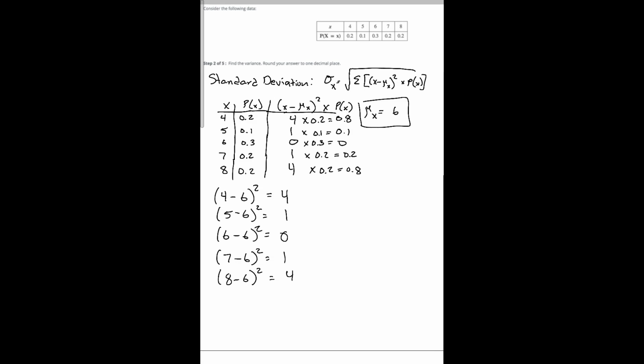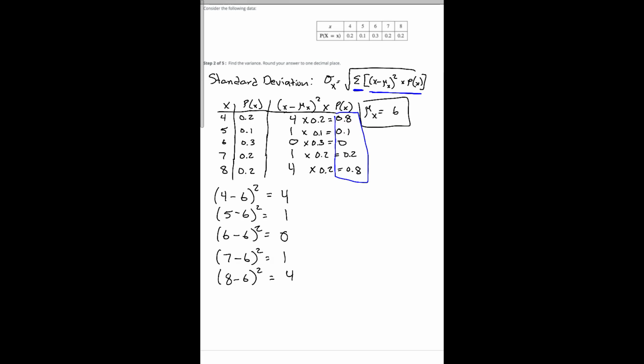All right. Now, going by our standard deviation formula, the symbol right here, that little sigma, means that we add up everything that we just did right in here. Okay? We add them up. In other words, we're going to add everything that we have in this little column that I just circled. Okay?